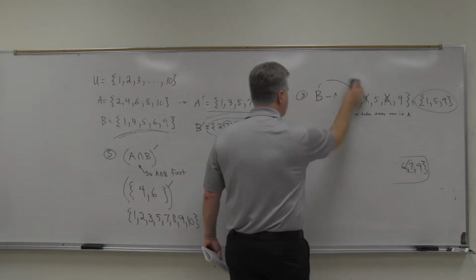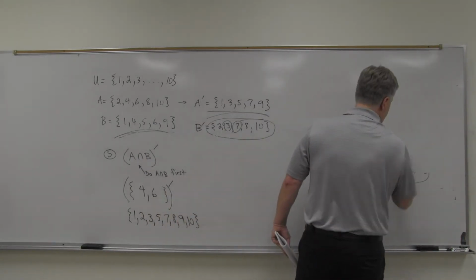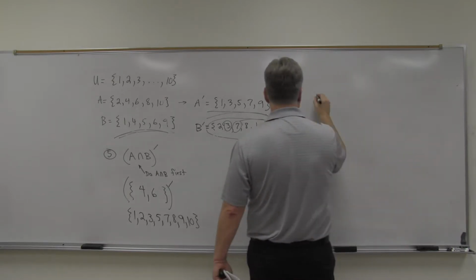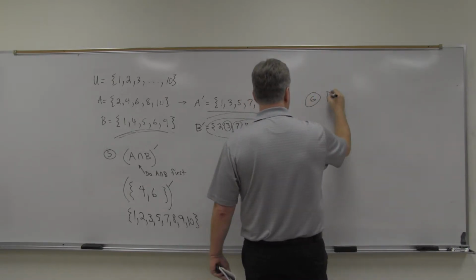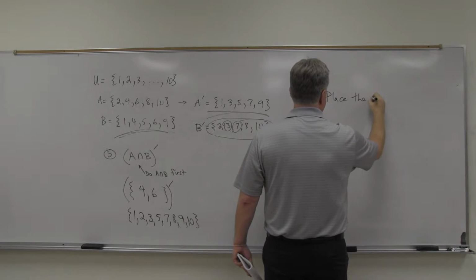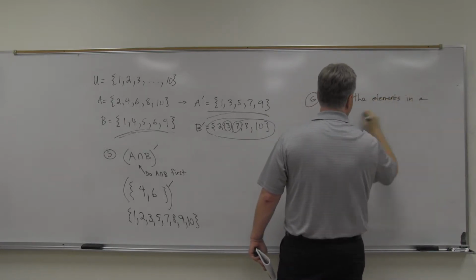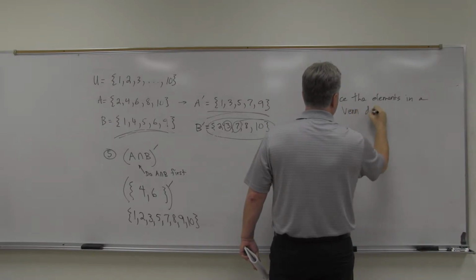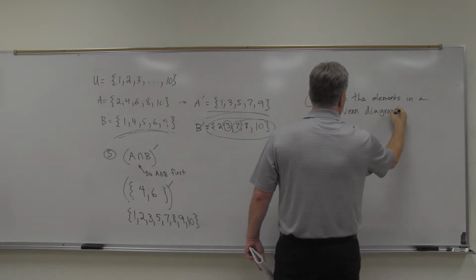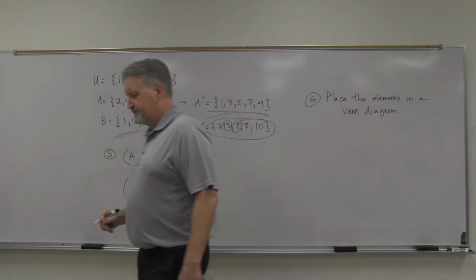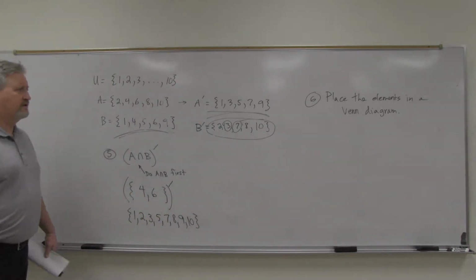Now, a little different problem here that it will also ask you to do. So it's number 6 on this. Let's place the elements in a Venn diagram. So place these elements in a Venn diagram.